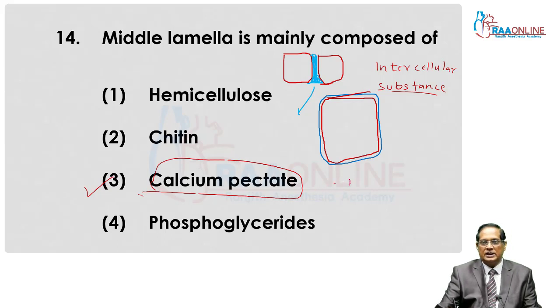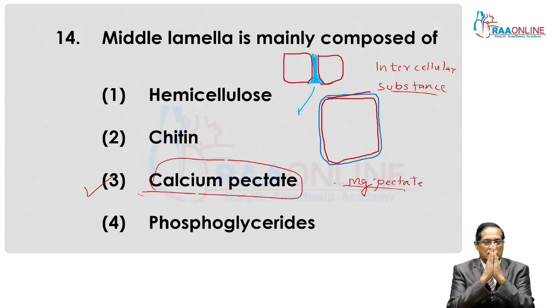It also contains magnesium pectate, but in a smaller amount. Mainly calcium pectate is responsible for the fixation of two adjoining cells.